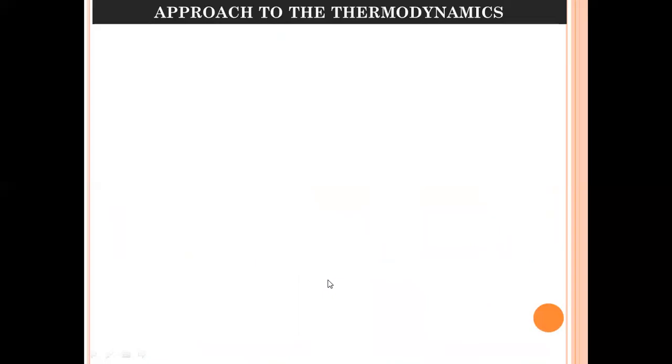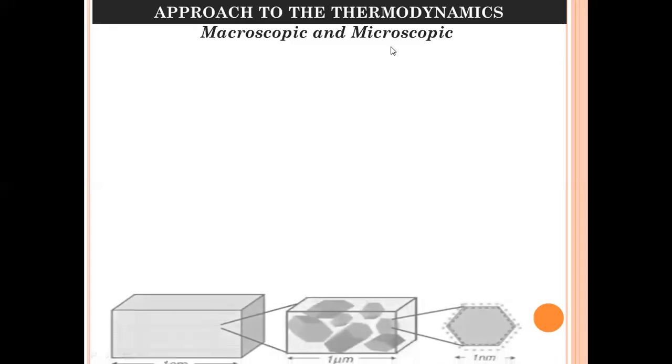Approach to thermodynamics. In the case of thermodynamics, studies are undertaken by two different approaches. The first one is macroscopic and the other one is microscopic. The meaning of macro is big or total, whereas the meaning of micro is small.